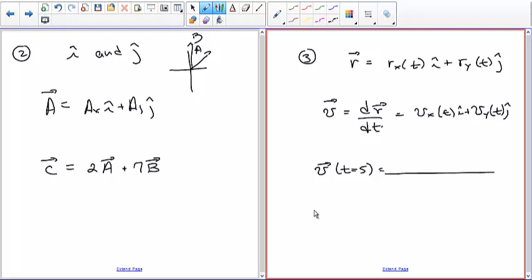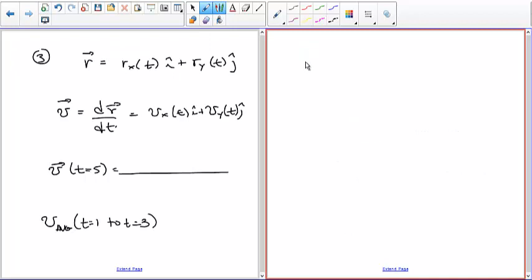Now, one thing I'm not sure if we've covered, but we've talked about in calculus, is if I wanted to calculate the average velocity for a particular time period, say from t equals 1 to t equals 3, what you would do is, if you remember, from a calculus standpoint, the average value for a function is 1 over b minus a times the integral from a to b of f of x dx.